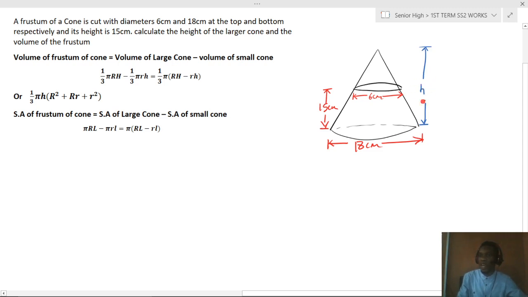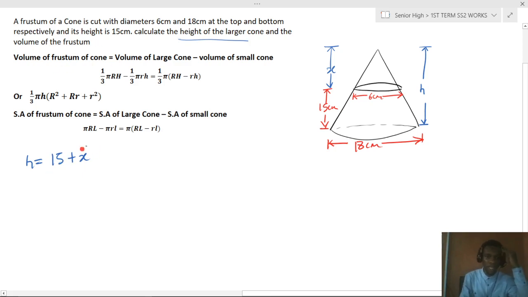Our height would be 15 plus whatever remaining height is here. So let's call this x, since we don't know the remaining part. So our height h is equal to 15 plus x. This is what we're asked to find for the first part: the height of the larger cone, and then the volume of the frustum.